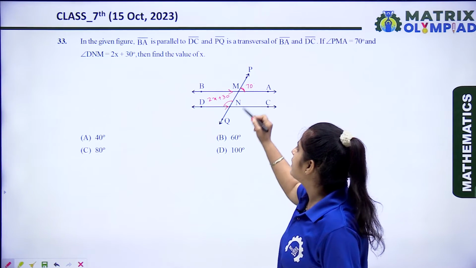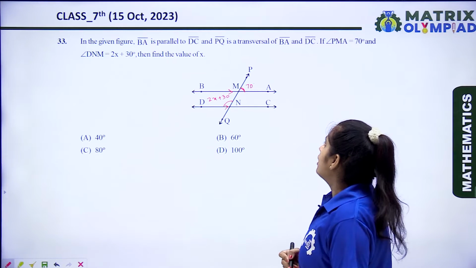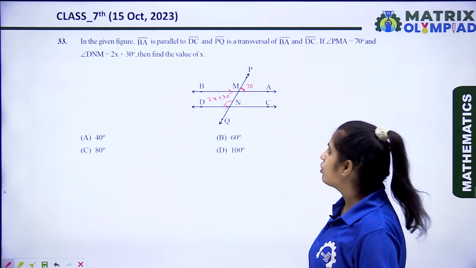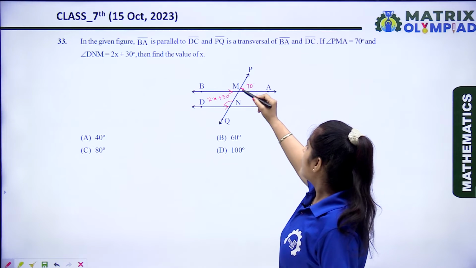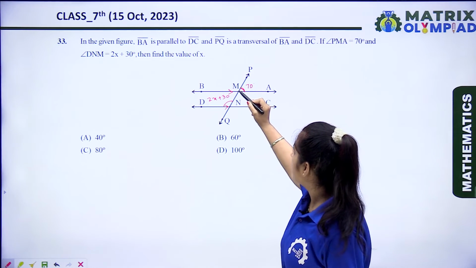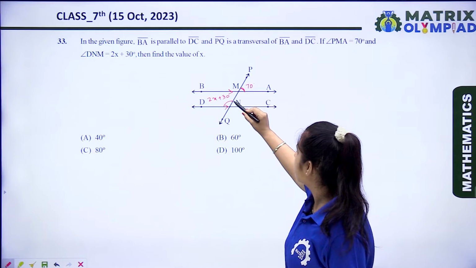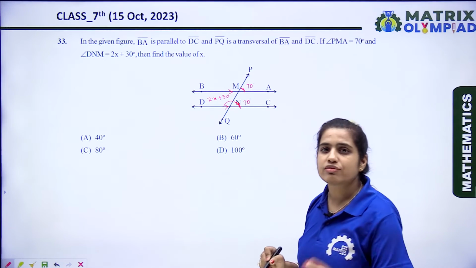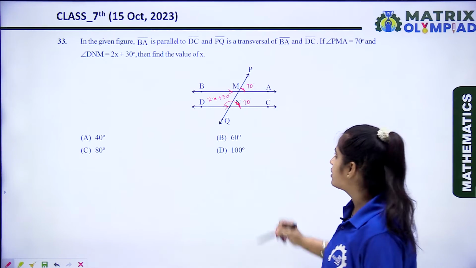So parallel lines and transversal hai. Now here we can use the parallel line concept. PMA अगर 70 डिग्री है तो हमारा एंगल MNC, ये वाला एंगल भी आपका क्या हो जाएगा? 70 डिग्री, because of the corresponding angles.